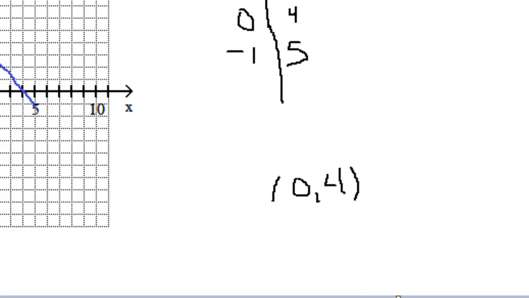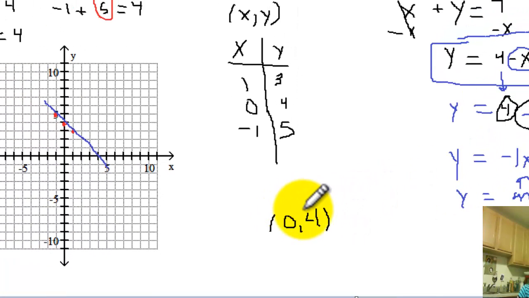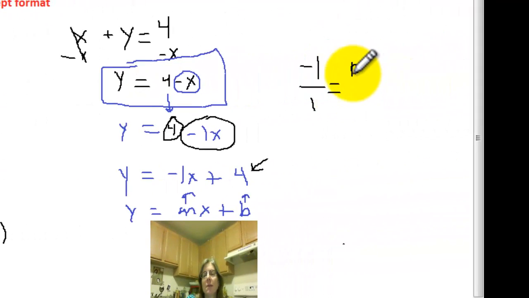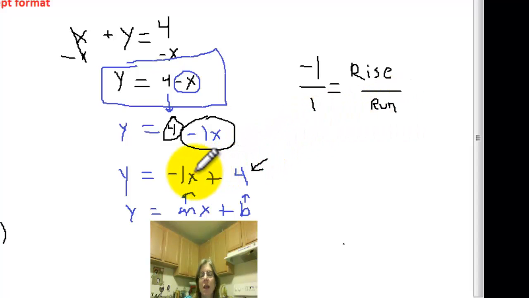It really is not just a 4 by itself, it's a whole point of (0, 4), which we had calculated earlier. So we look at that point right there, which we already drew, and then we could use the slope, negative 1 over 1, and do rise over run, because slope is also rise over run, and any number over 1 is the same number. So we have a negative 1 slope.